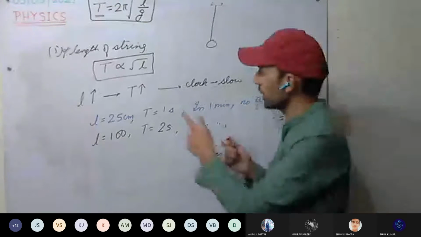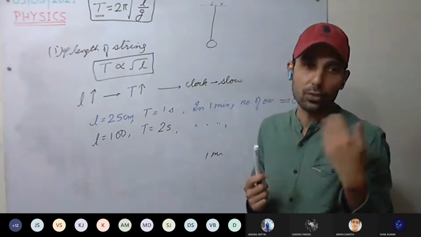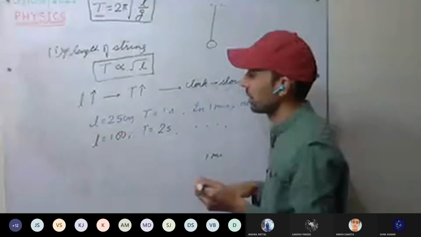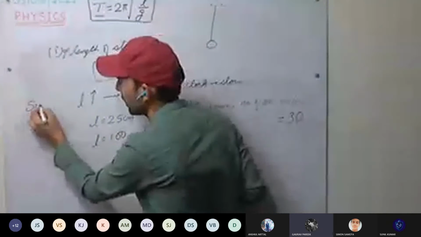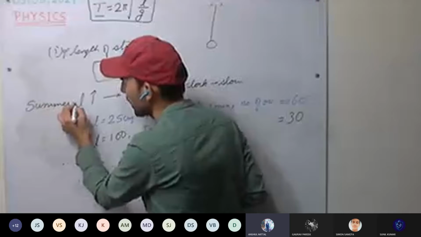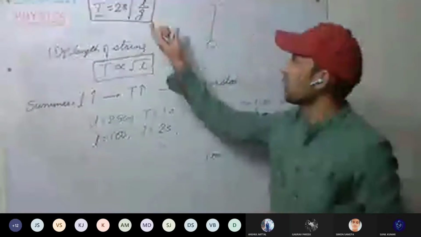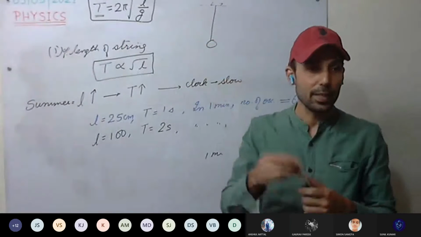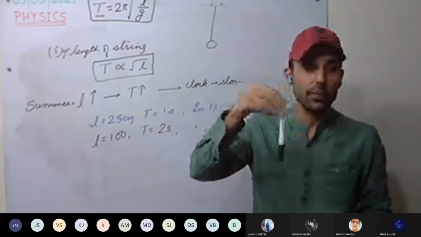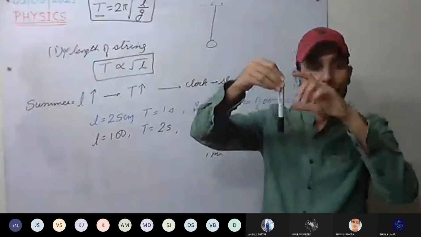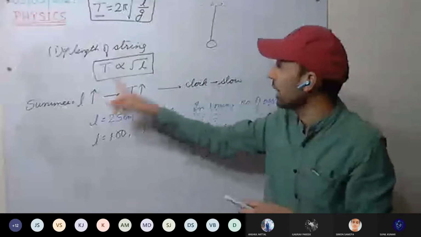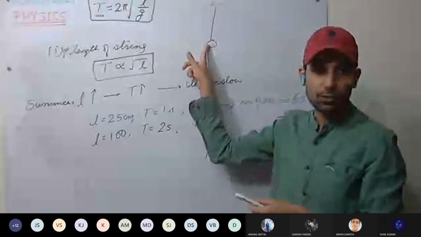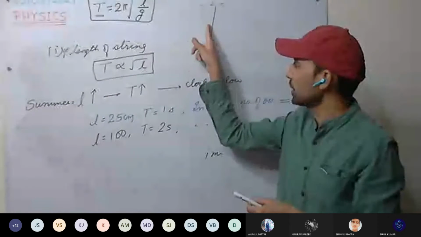And this will happen in which season? Summer or winter? Summer. In summer, what will happen? Since our string is made up of some metal, it will expand. So in summer, there will be expansion of the string.